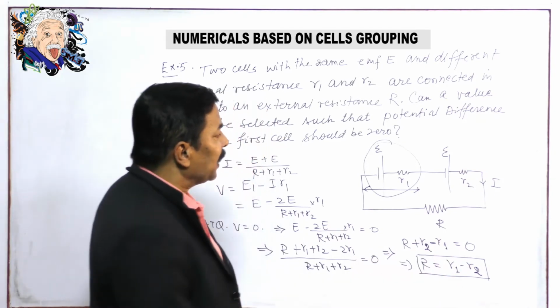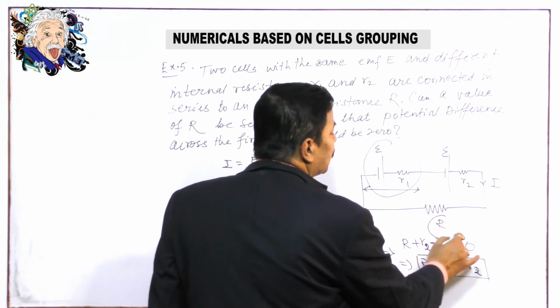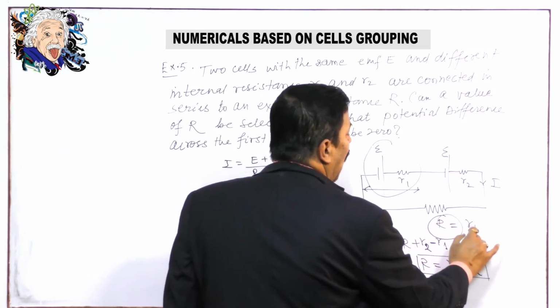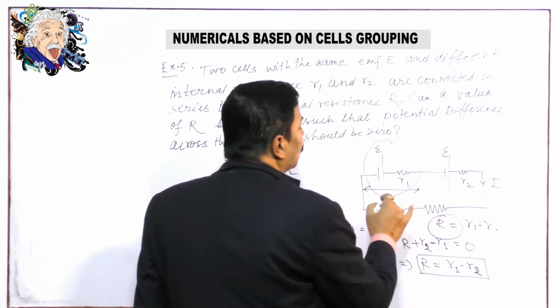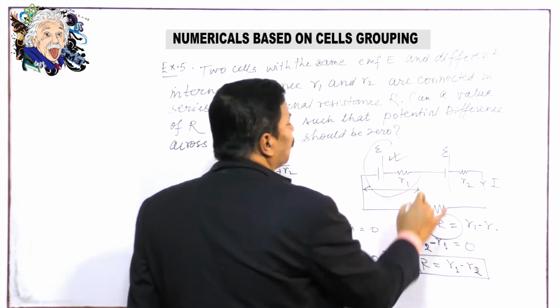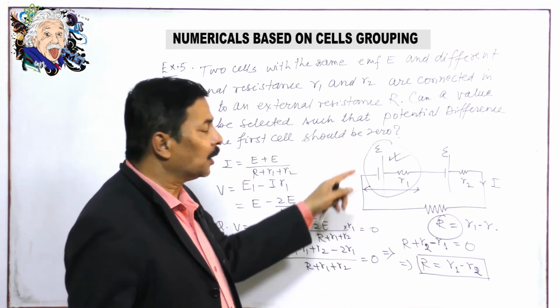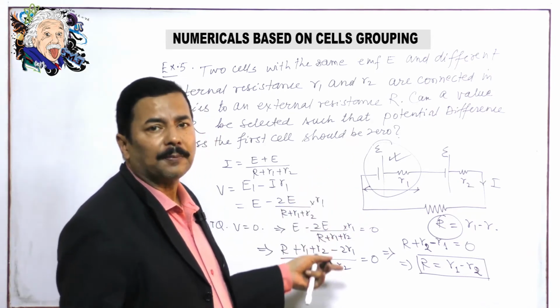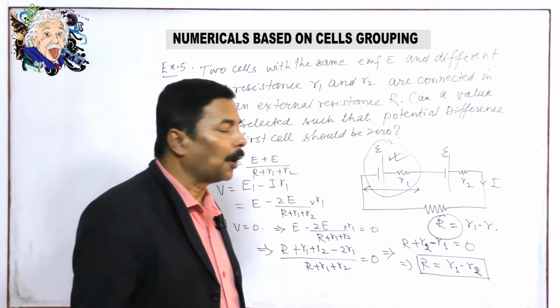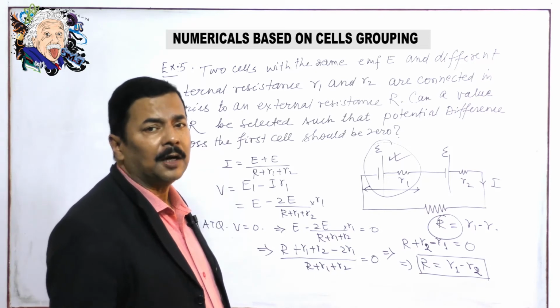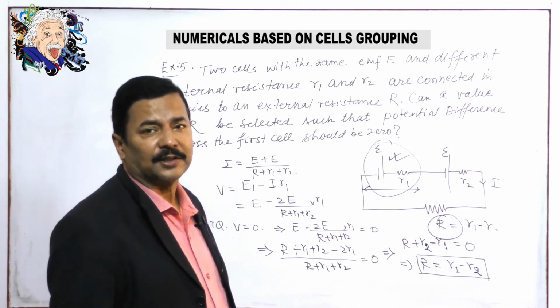That means if the value of this resistance becomes equal to R1 minus R2, then the potential difference across the first cell will be 0. This is the requirement of the question, and this is a new type of question that you should understand properly for a better understanding of the combination of cells in series and parallel.